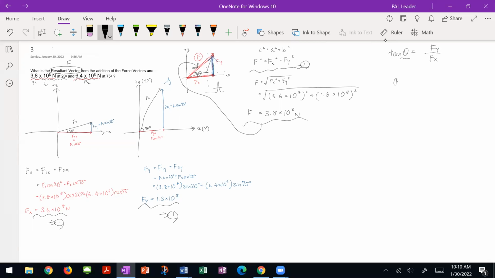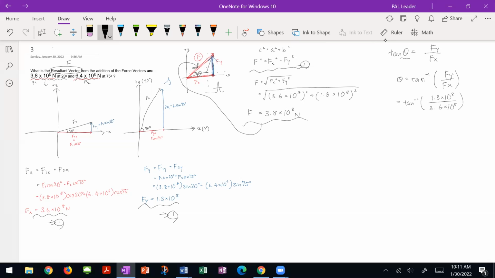So I'm going to take the inverse tangent. My pen is acting up. tan inverse of Fy was 1.3 times 10 to the power of 8, Fx was 3.6 times 10 to the power of 8.